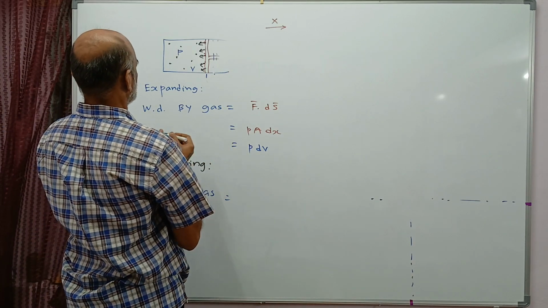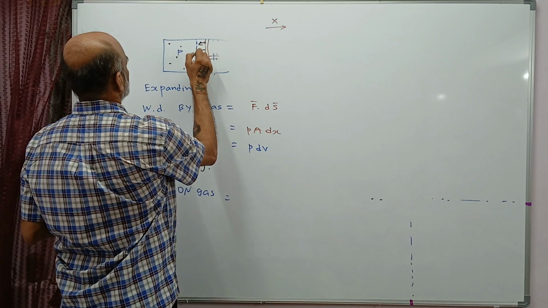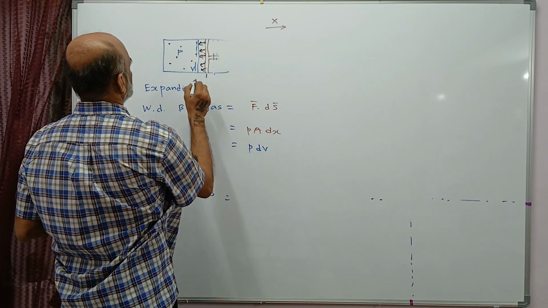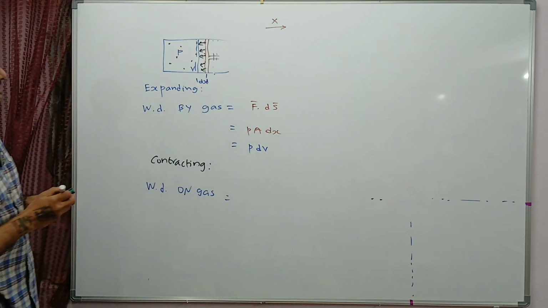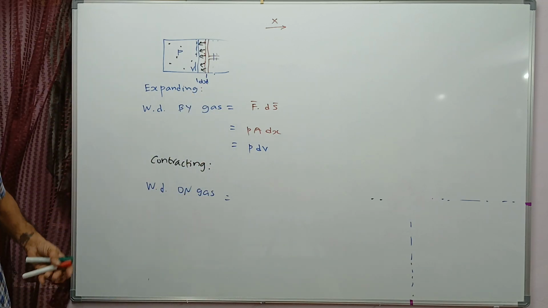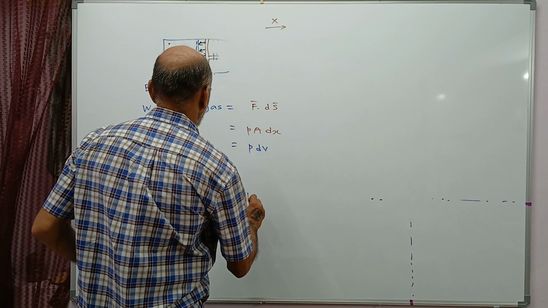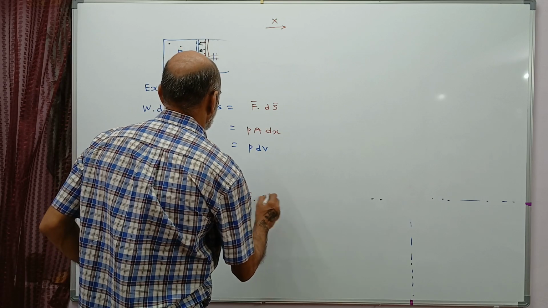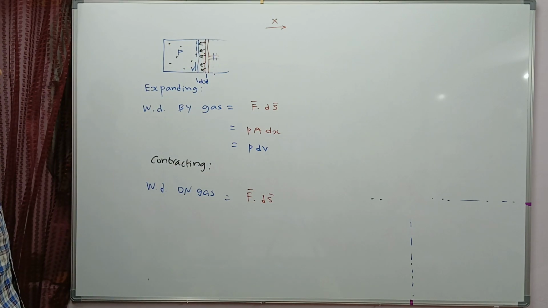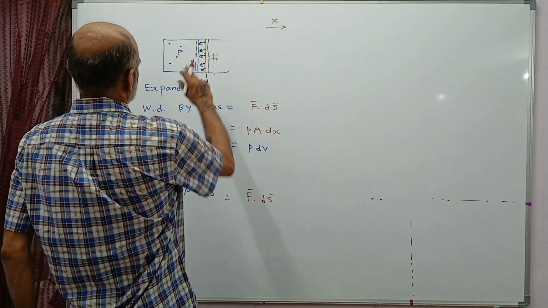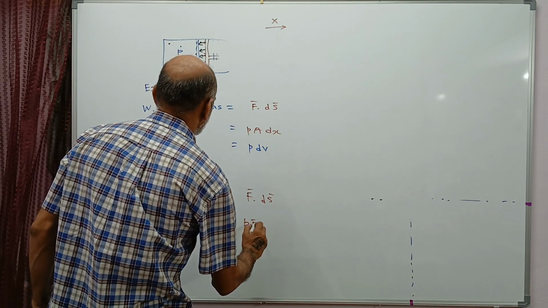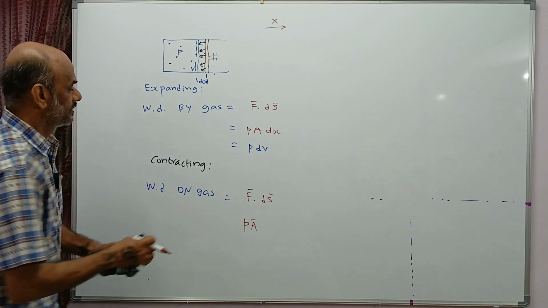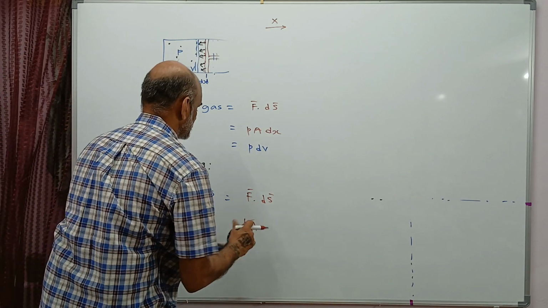So the new position of the piston will be somewhere here, and this is the displacement dx. So again, the work done on the gas is F dot ds. So the force acting on the gas is pressure into area, that's towards left, and the displacement is also towards left.